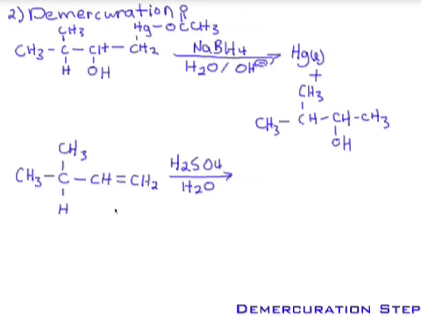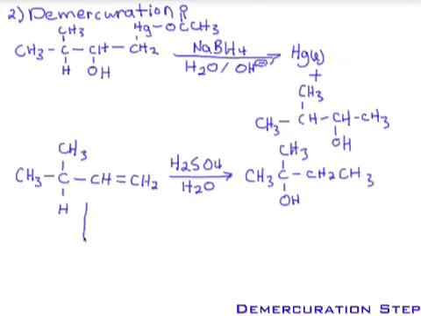I know I'm going to get a 1,2 hydrogen shift. And because of the tertiary carbocation, I'll get the OH going where that H was. I know I'll get this.